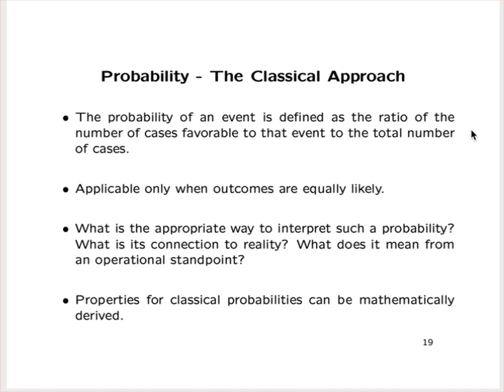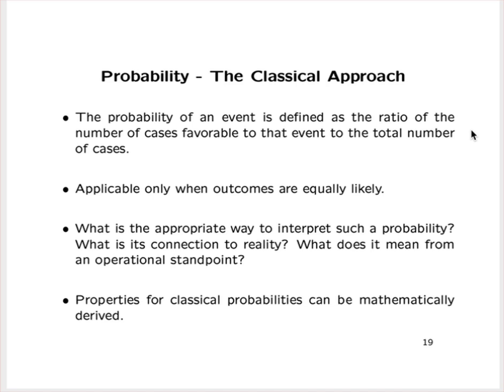Now, the thing is that this approach to probability is only applicable when the outcomes of the process that we're talking about are equally likely. If we have a situation where the set of all possible outcomes are not equally likely, then the classical approach would not be an appropriate approach to use.